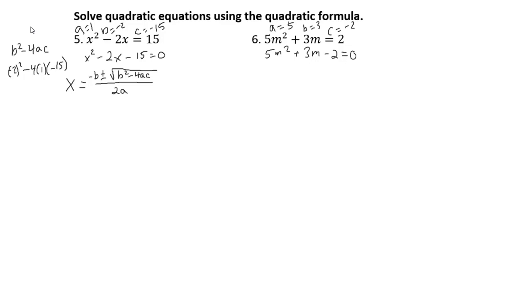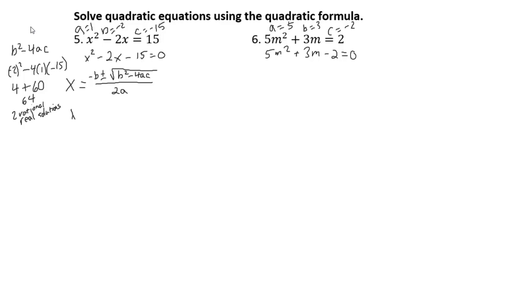Negative 2 squared is 4. Negative and negative is positive. 4 times 15 is 60, and this gives me 64. So that's positive, so this will give me 2 rational, real solutions.